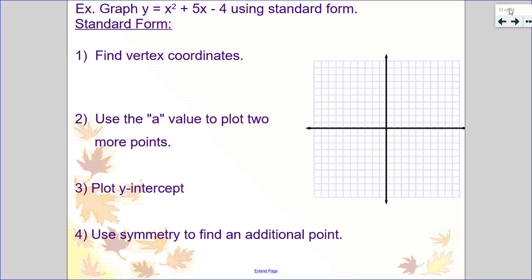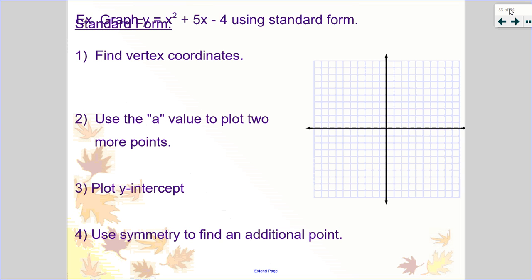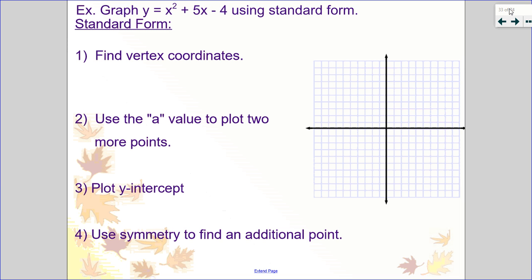Okay, so let's find the vertex coordinates. So A is going to be 1 because it's 1x squared. B is going to be 5 and C is going to be -4. So just a reminder, the vertex is at x equals -b over 2a.